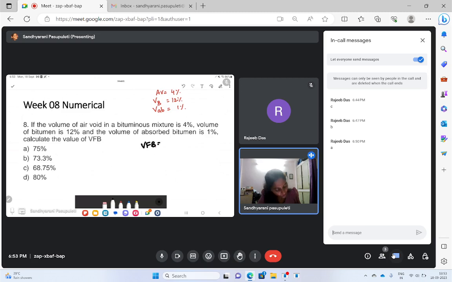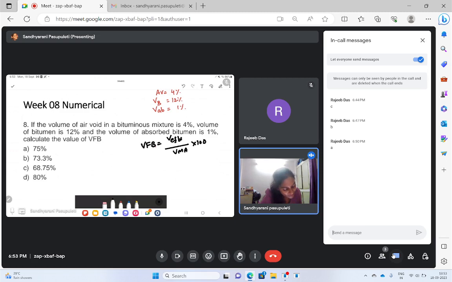VFB is voids filled with bitumen. How do we get it? It is the volume of effective bitumen divided by VMA. Out of the total VMA, how much is the effective bitumen volume? That is what we call VFB.